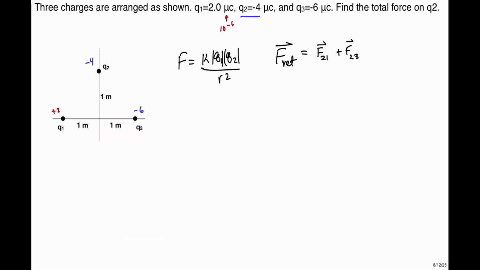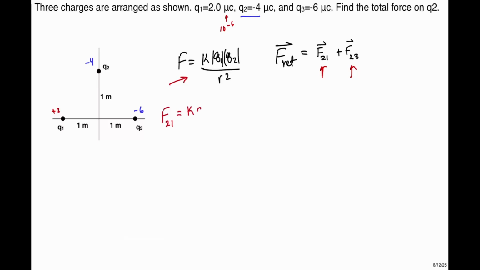But each of these forces is going to be an application of Coulomb's law. That's where the force is coming from. So if I'm going to calculate, say, F21, and find its magnitude, the number that's associated with the force, then I have to use the electric force constant.